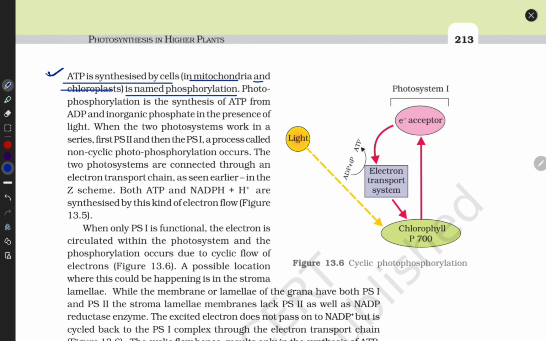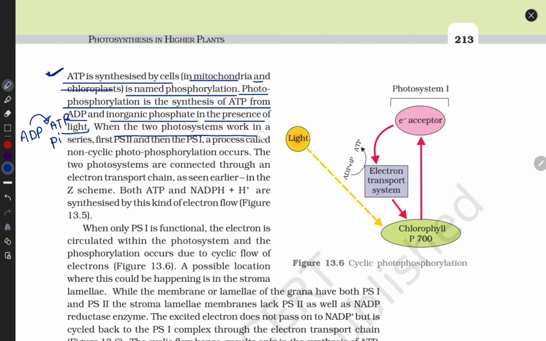When ATP is synthesized, yes, in non-cyclic also ATP is synthesized, guys, but in a lesser amount because the electron can't come back. Photophosphorylation is the synthesis of ATP from ADP and inorganic phosphate, in the presence of light. Yes, we already discussed this.